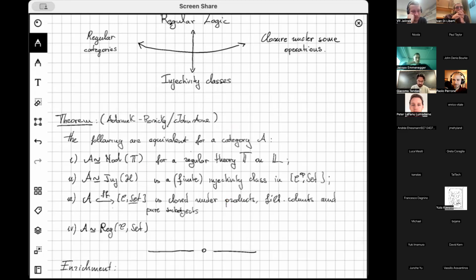And four, you can actually write A as a category of functors that preserve certain limits and colimits, namely finite limits and regular epis, out of a regular category. And all this provides different points of view on the same theory. What I want to focus on today is the first two, even though, depending on what you are working on, you might prefer 3 or 4 instead of these two.